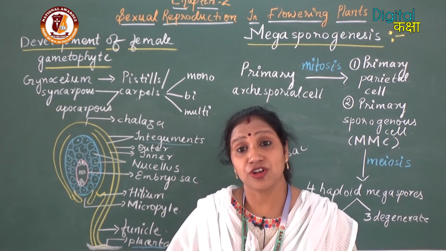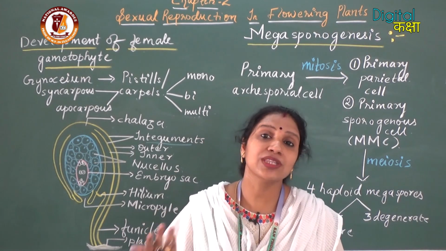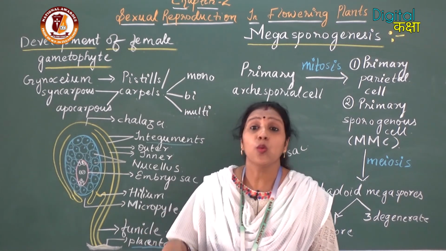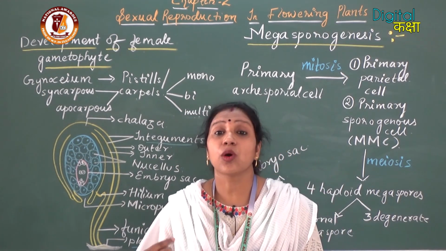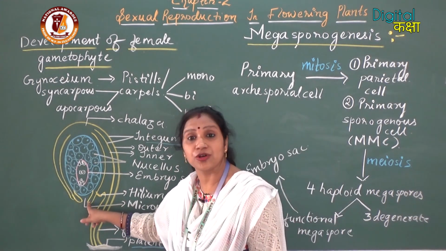The second function of micropyle is that after fertilization, you know that the ovule gets converted into seeds. Now, when the seed germinates, the water for germination enters through the micropyle.